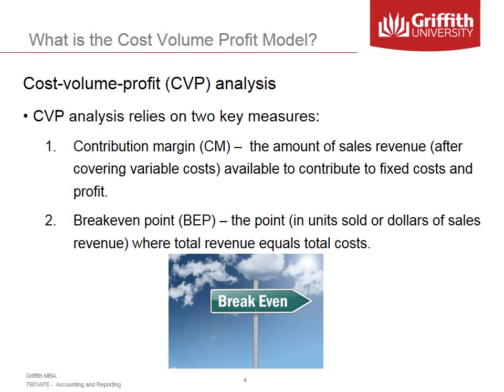The point here is that when you say the selling price minus the variable costs, what's left is the contribution margin, and the job of that contribution margin is then to cover the fixed costs, and anything which is then left over will be profit.